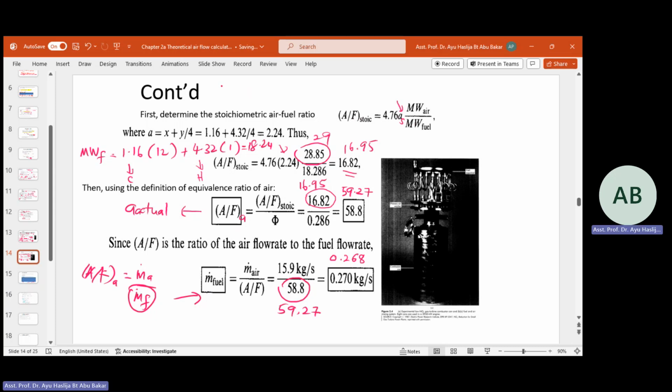So kalau A actual, let's say yang 50% excess air tadi tu, A actual dia adalah A stoic multiply by the 1.5.